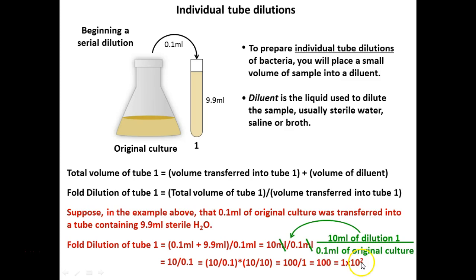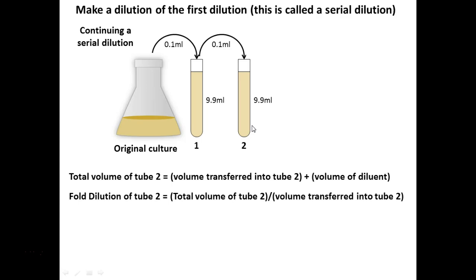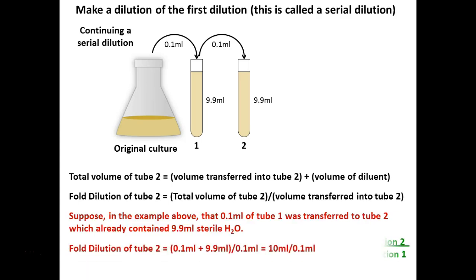Or in scientific notation, 1 times 10 to the second. So our first step, even though I did this in milliliters, I did the same thing. I did a 100-fold dilution in my first step. And then I did another 100-fold dilution, right? I did the same thing again.